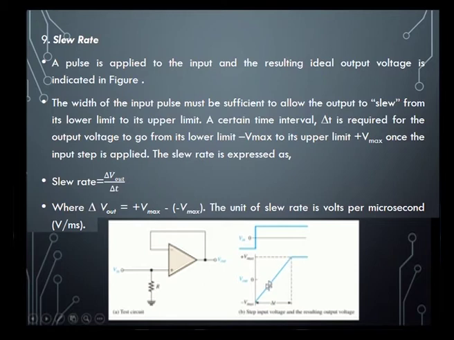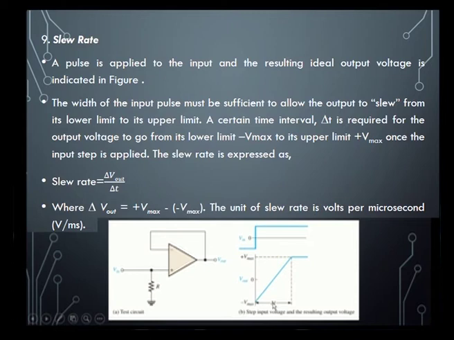A certain time interval is needed for this, delta t, which we can observe in the figure. It is required for the output voltage to go from minus V max to plus V max. That time needed is delta t.